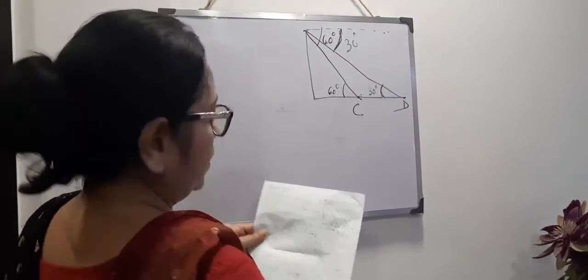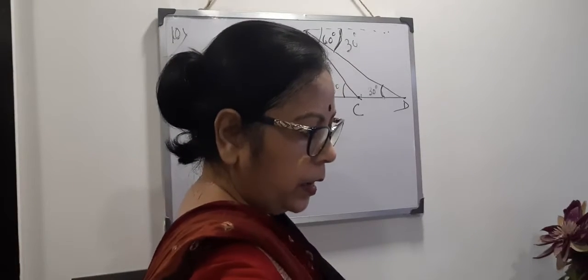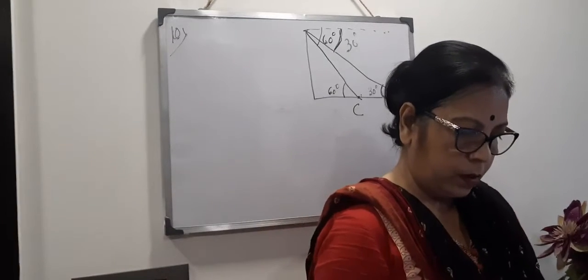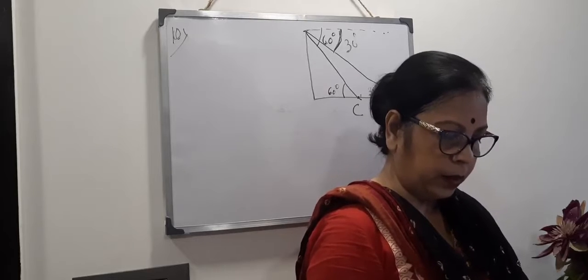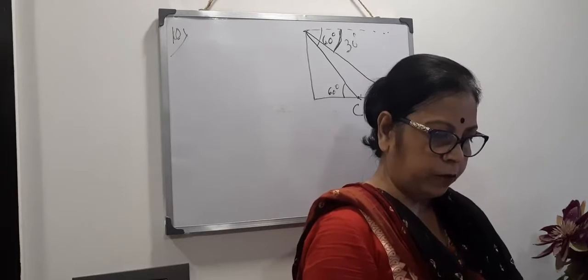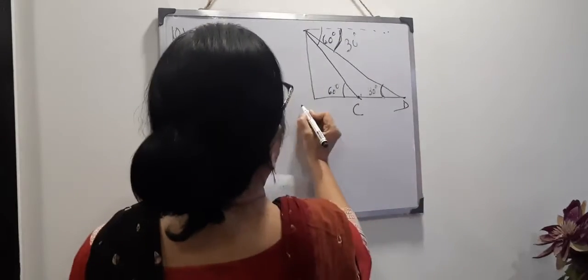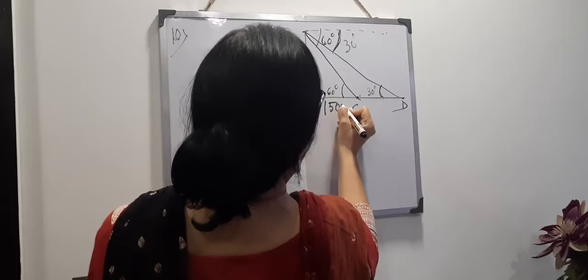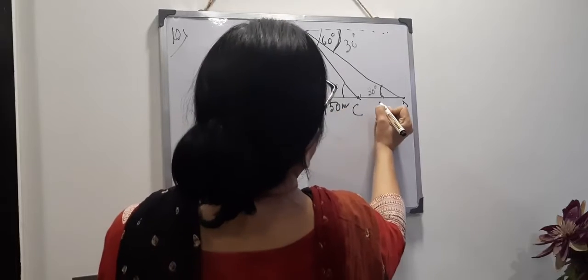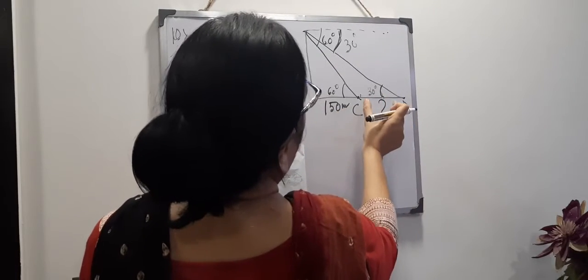And what is told here? The distance of the points at the bottom of the lighthouse and the bottom of the mast of the first ship is 150 meters. That means this distance is given 150 meter, and this is not given. You have to calculate this one.